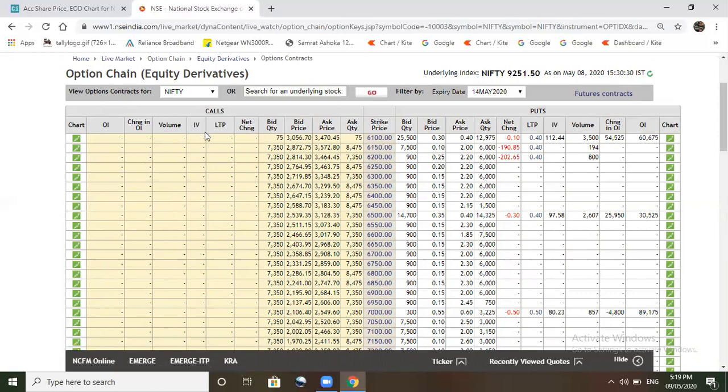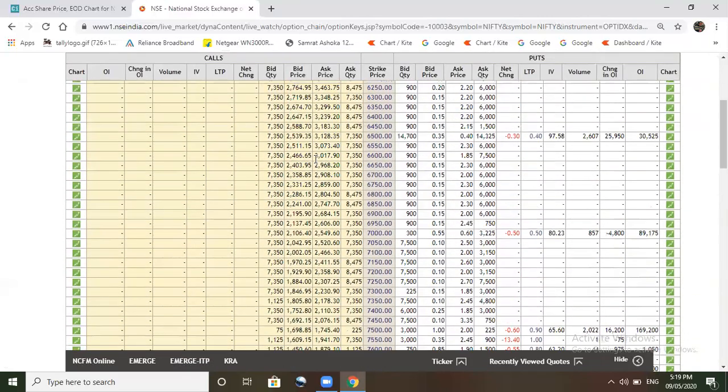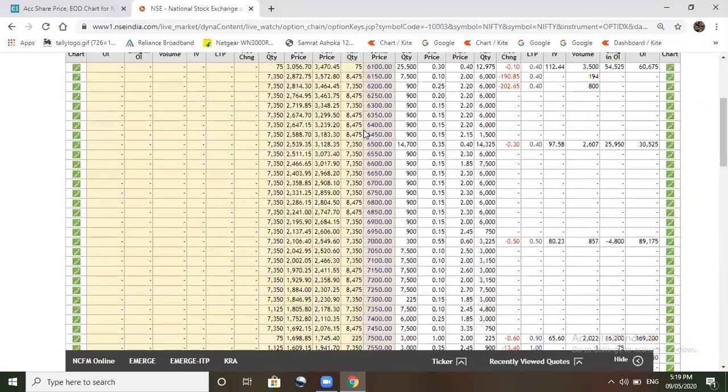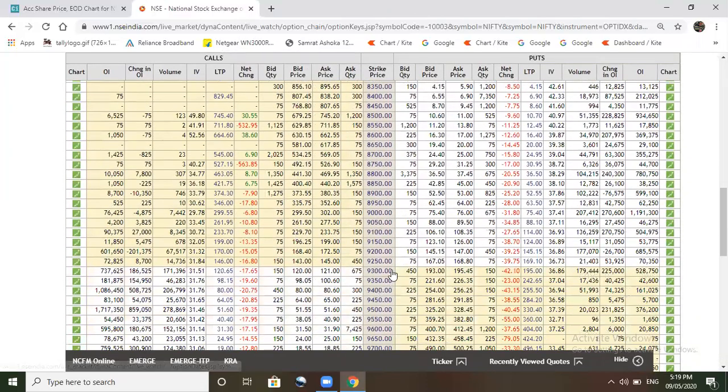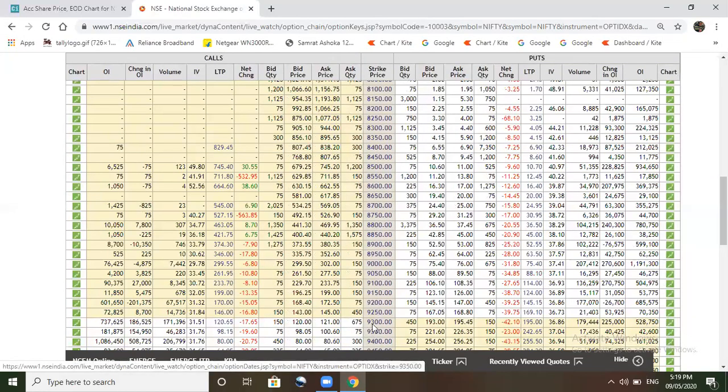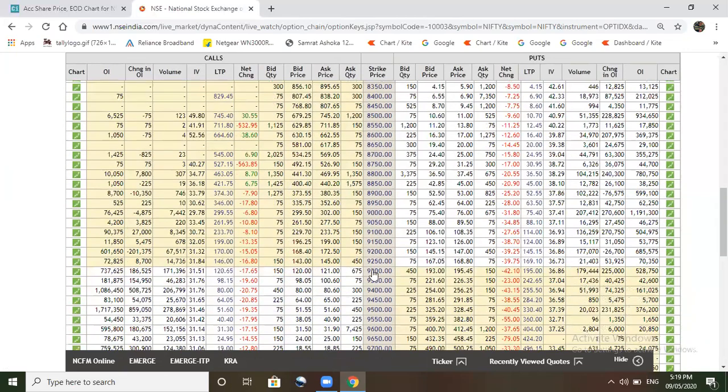Here the calls OI is mentioned, and all the options which are below the traded price, since Nifty is trading around 9,300, are shown in gray color below the white area. All these are in the money options. And 9,300 is called at the money, because it is near Nifty's price today.